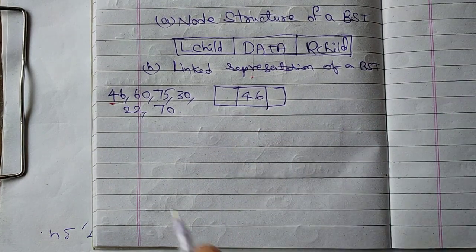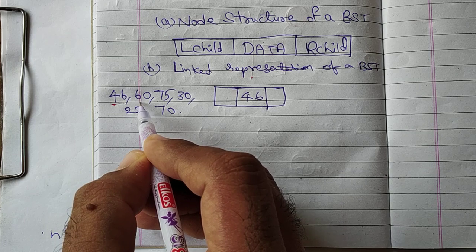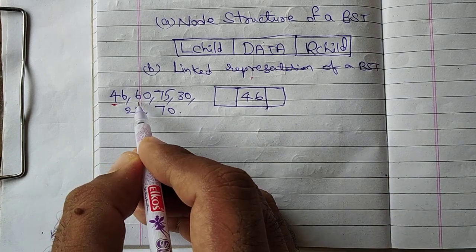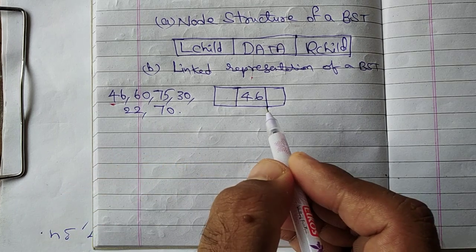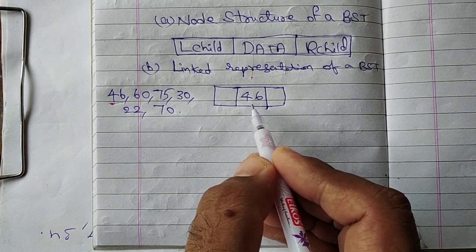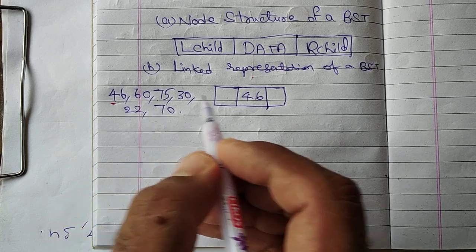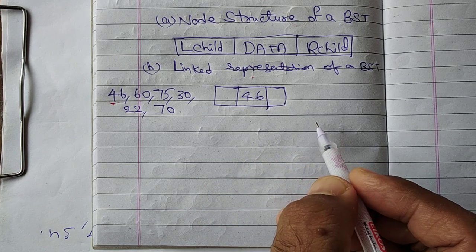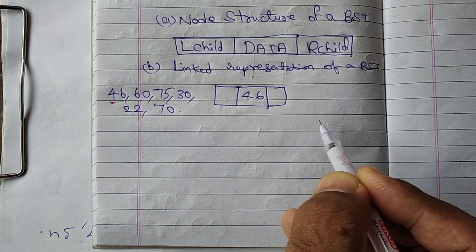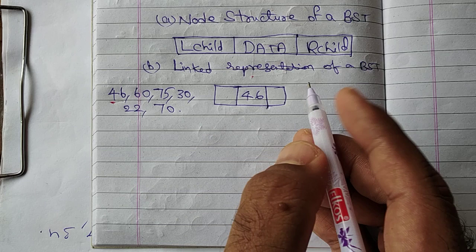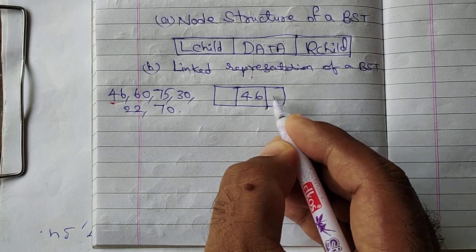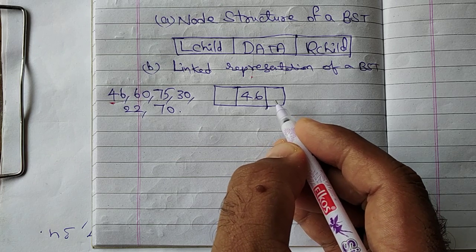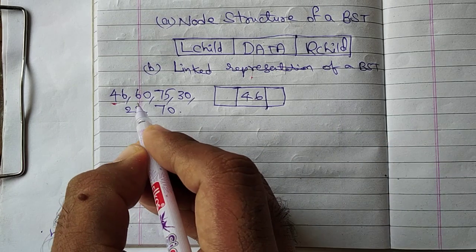Now next I want to insert 60. As per the binary search tree, where we insert 60 depends on comparison. 60 is greater than 46, so we have to insert it in the right subtree of this node. On this particular field, remove that null and place this node's address.